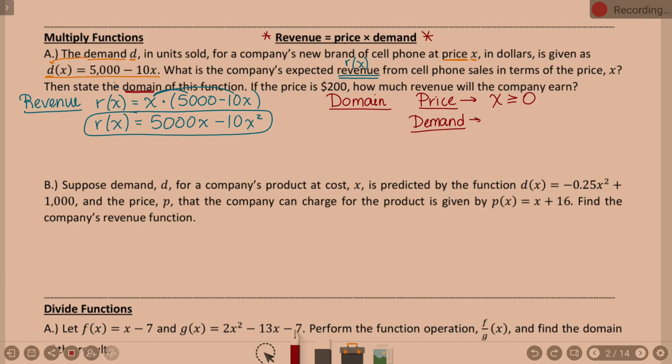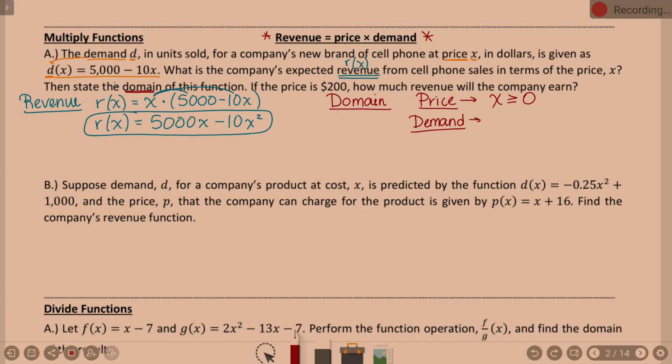Demand. Demand is the want for a product, right? If you're developing a product, there has to be demand for it, right? If there's no demand for a product, are you going to be able to sell it? Probably not, right? There has to be a demand. Okay? With that in mind, you can't have a negative demand.